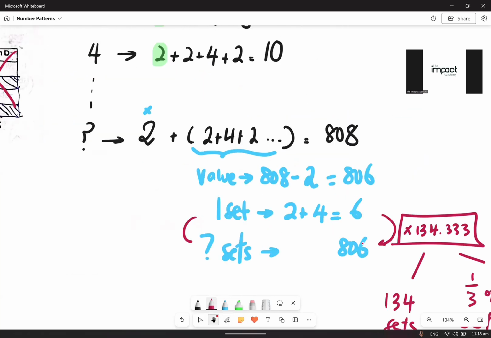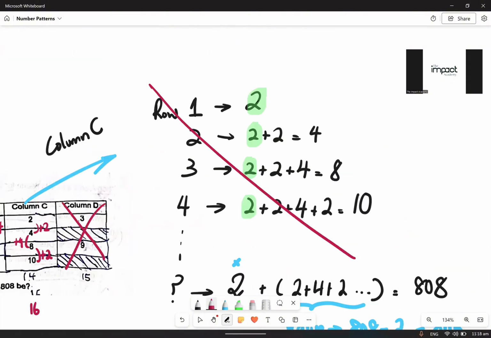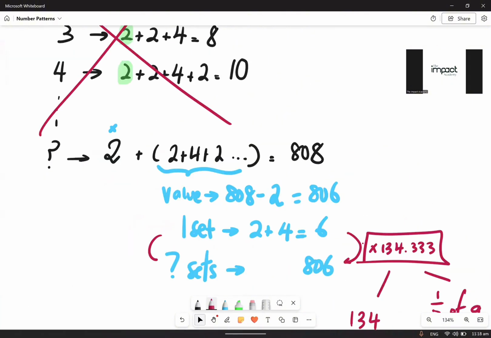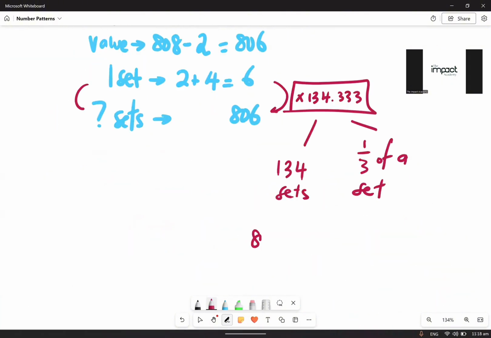So therefore, you will not be able to find 808. Rather, you'll be able to find 6 times 134. You'll be able to find 804 for sure, because 134 sets is actually equals to 134 times 6. We get to an answer of 804.